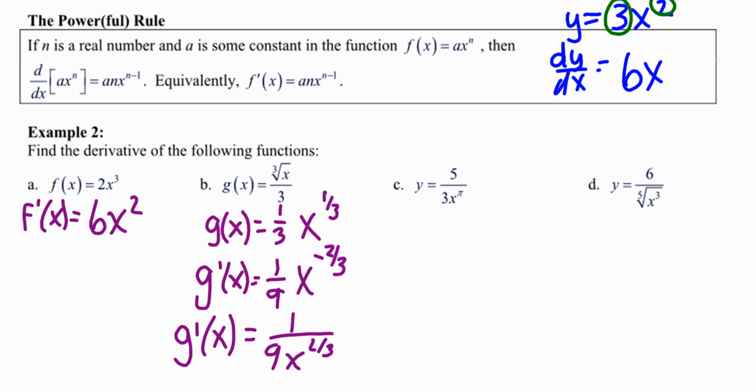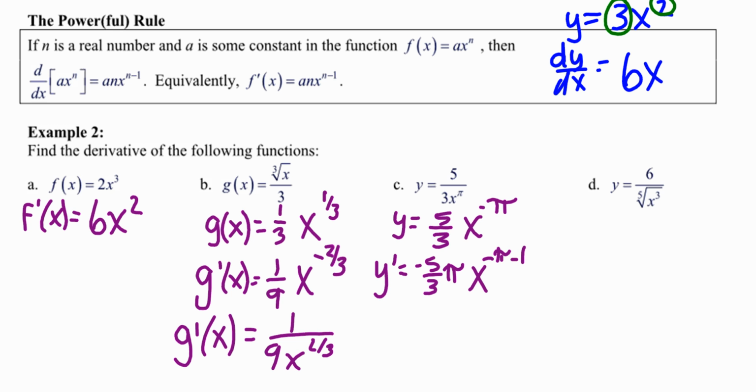Alright, let's rewrite this now. I'm going to rewrite it as 5/3 times x to the negative pi. So y prime then is going to be negative 5/3 pi times x to the negative pi minus 1.